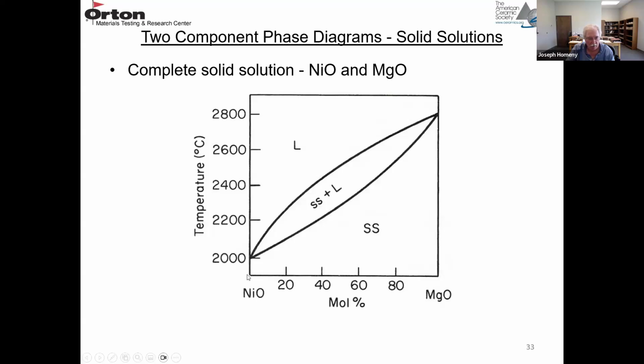And this is 100% nickel oxide, which melts at about 2000 degrees C. This upper curve is the liquidus curve. The lower curve is the solidus curve. Below the lower curve, we have a complete solid solution. Above the liquidus curve, it's all liquid, and in between, we have a combination of solid solution and liquid.